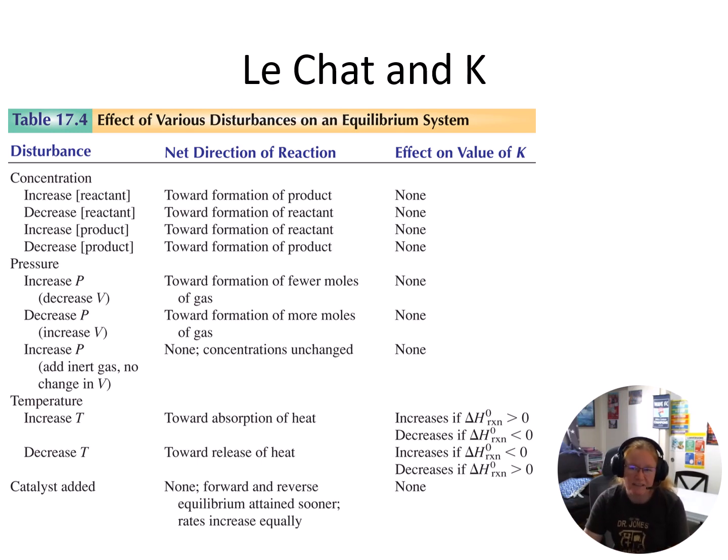But if I mess with the temperature, that's going to depend on if I have an exothermic or an endothermic system. All right, so not only does the system shift, but the value of K can change as well. And we'll look at that more toward the end.